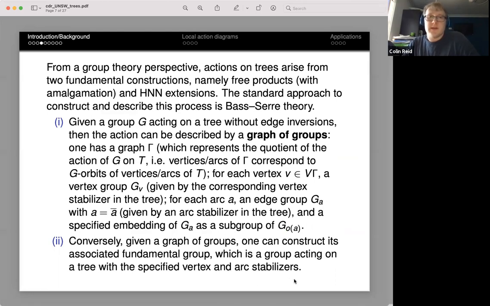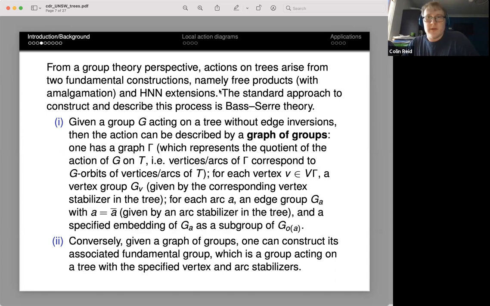From a group theory perspective, there are 2 fundamental constructions that give rise to actions on trees, which are free products with amalgamation and HNN extensions. And if you don't know what these are, don't worry.